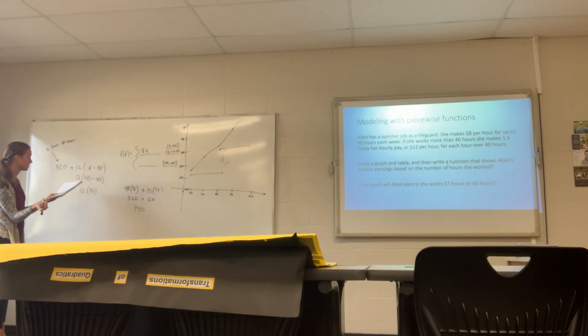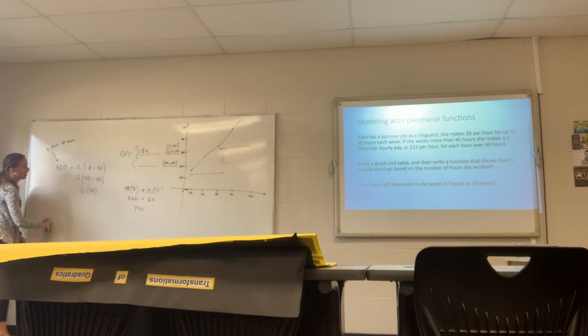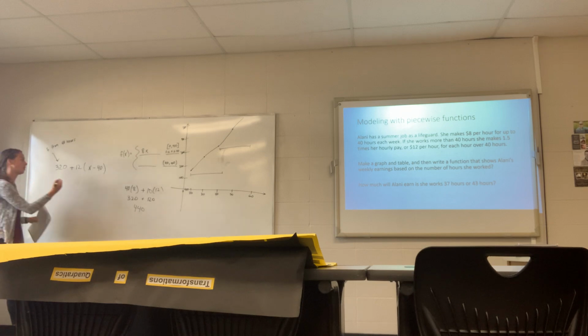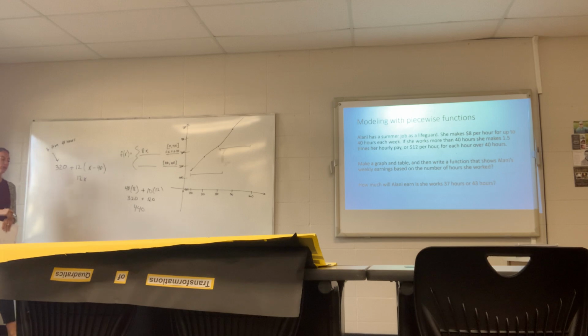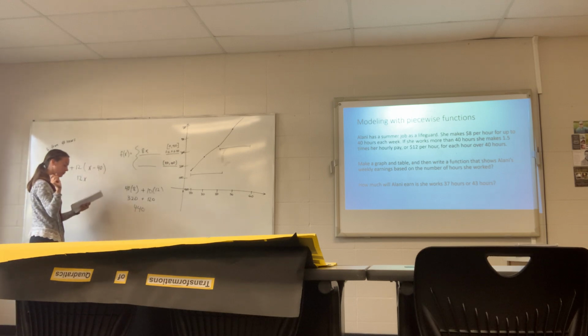So I can go ahead and just simplify this. If I have 320 plus 12 times x minus 40, I can go ahead and just distribute. If I distribute 12 times x, what would I have? 12x. And if I distribute 12 times negative 40, what would I have? 480, yeah.